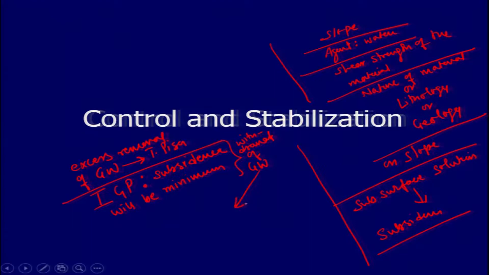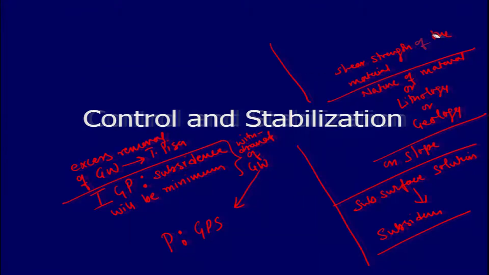This we can pick up, or we can have precise measurements using permanent GPS stations. If you have permanent GPS stations, you can figure out the minor subsidence because of excess removal of water. So, these are the few things which we will definitely keep in mind while talking about landslides and different types of landslides.